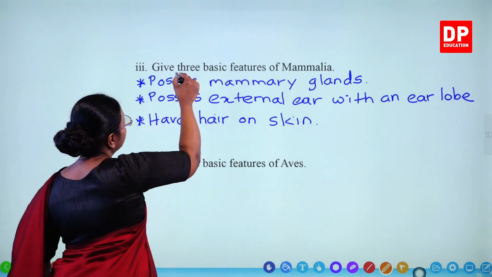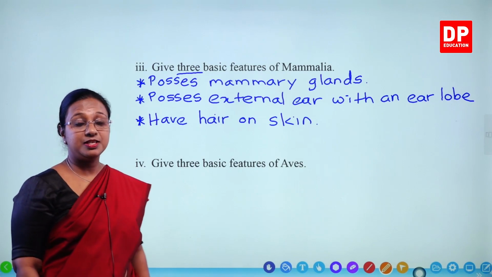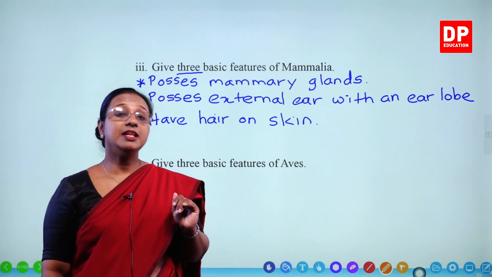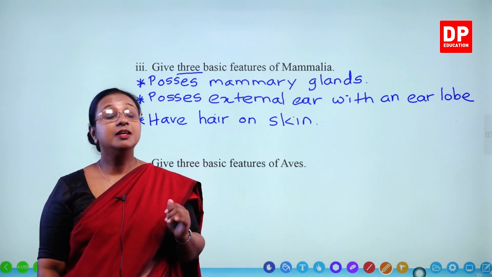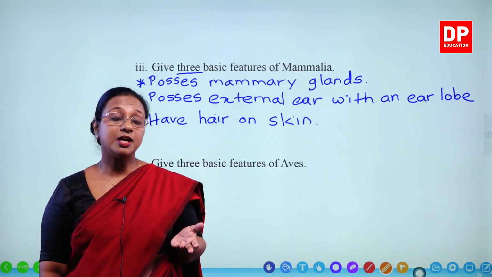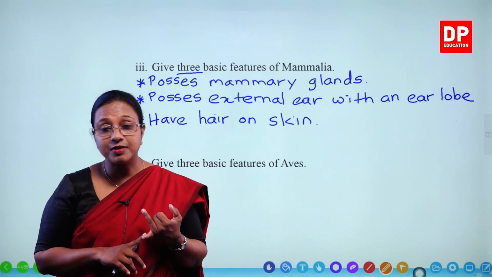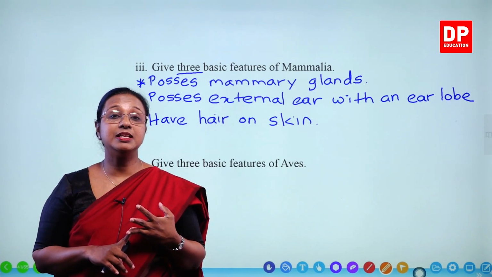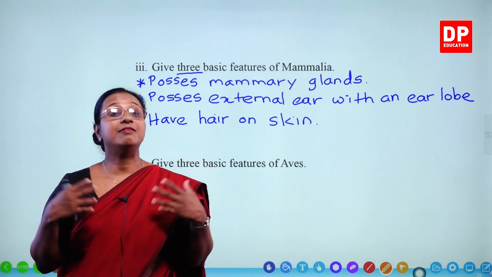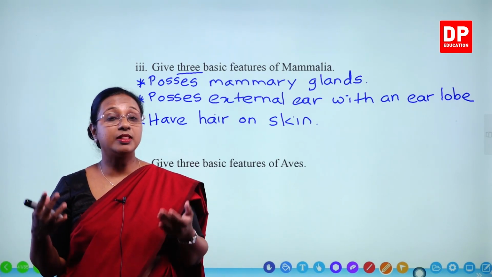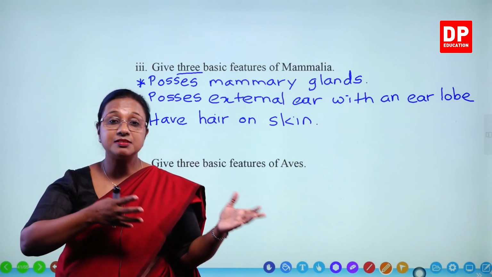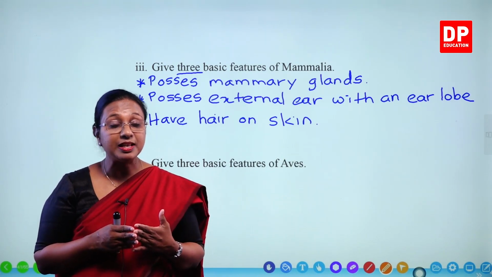They have told us to write 3 basic features of mammalia. We have written 3. Did you all write anything differently? You can. What are those? You can say they have sebaceous glands, they have sweat glands on the skin. What else? They feed their young with milk, or the young animals feed on mother's milk.